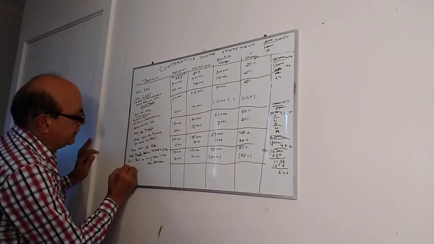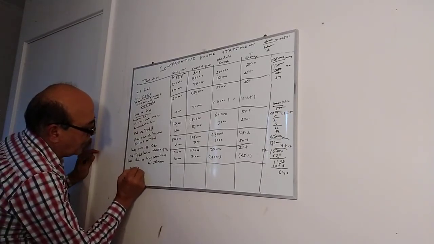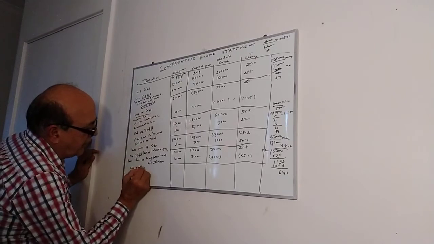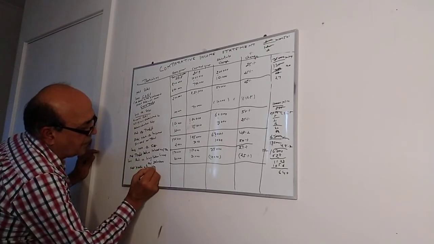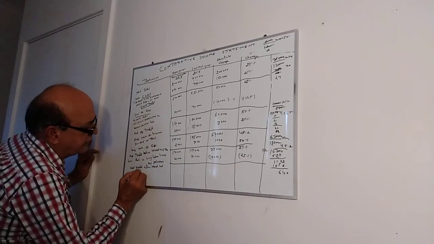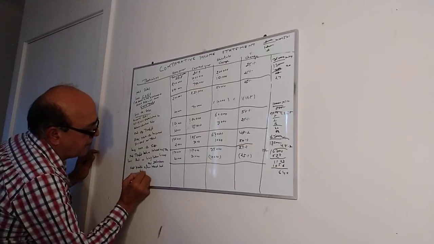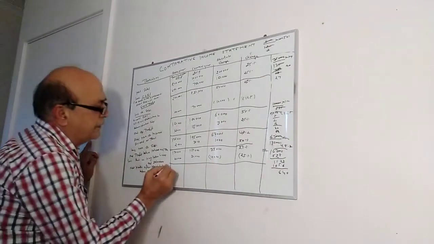The net profit after interest but before tax. So this is 90,000.